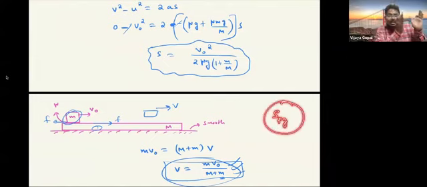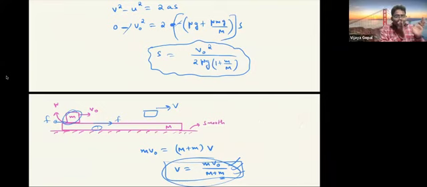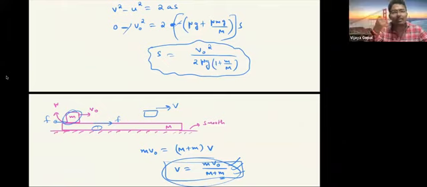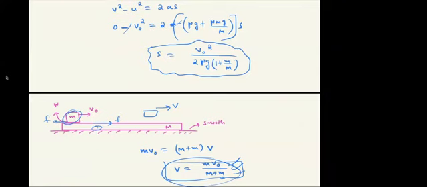I got the displacement covered by the block and the displacement covered by the plank. Relative displacement means I'll just subtract. No, the relative displacement of the block with respect to the plank, so I need to subtract those two to get the answer. Clear? Understood? Okay.